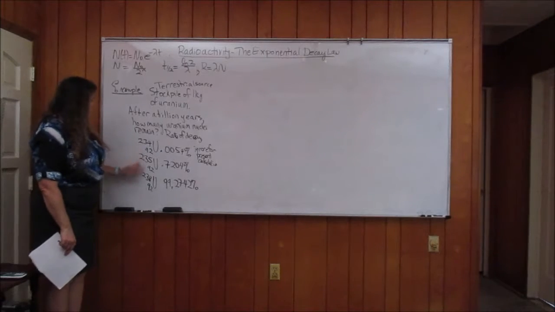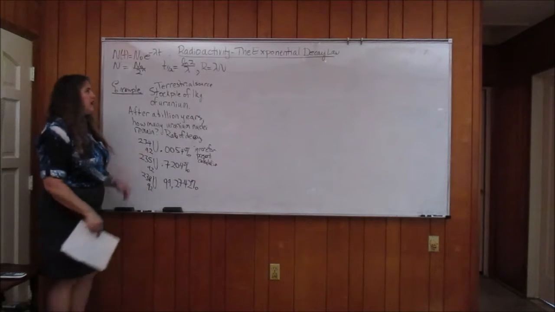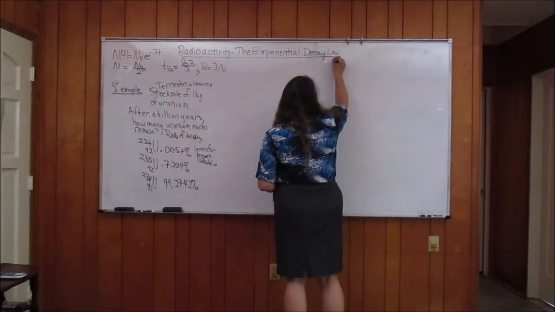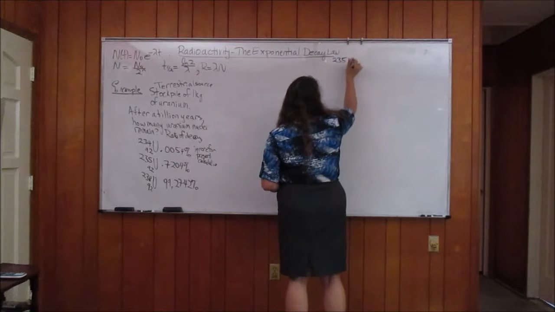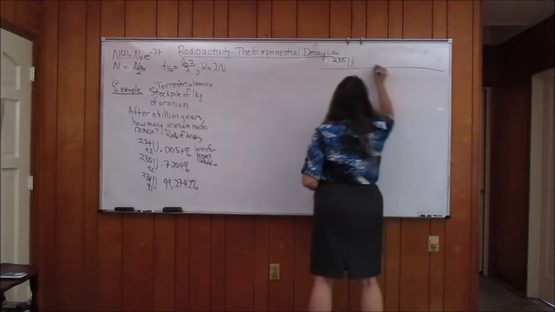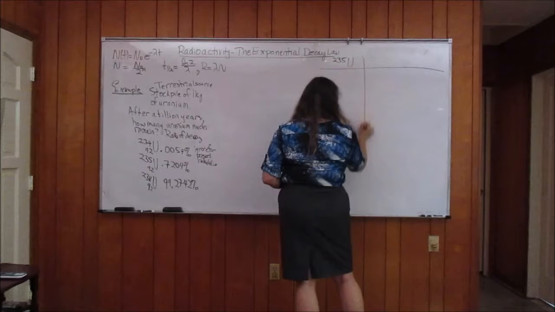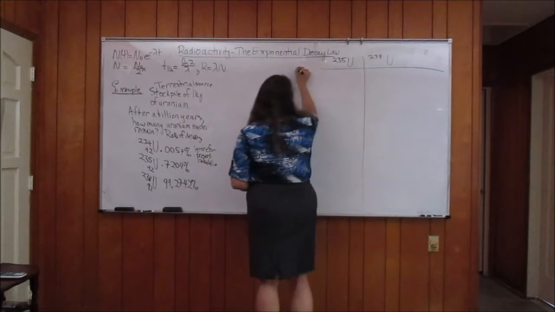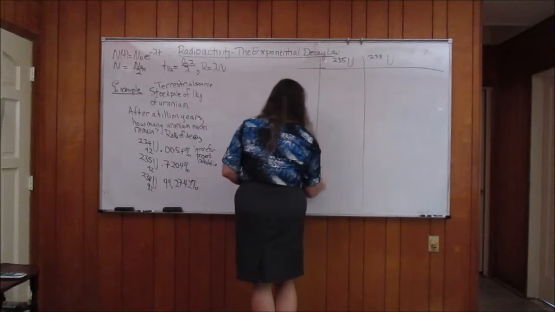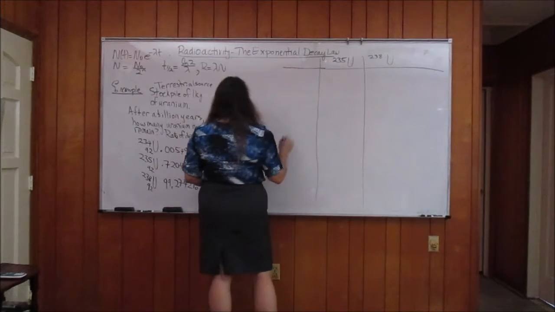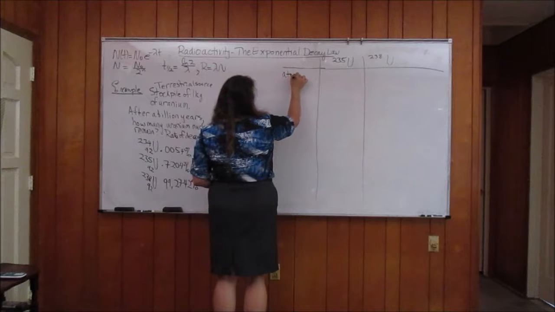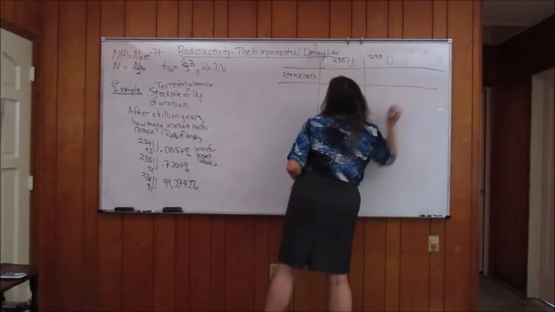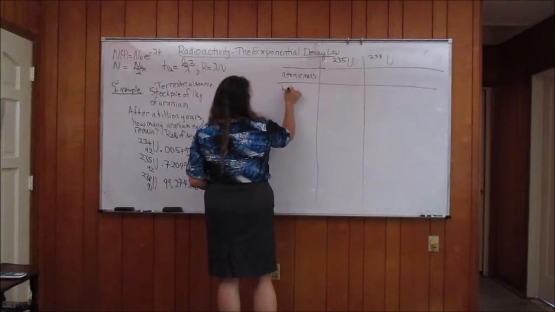Okay, so the best approach to take here is to create a table. So we've got U-235 over here and U-238. So we'll look up atomic mass and half-life.